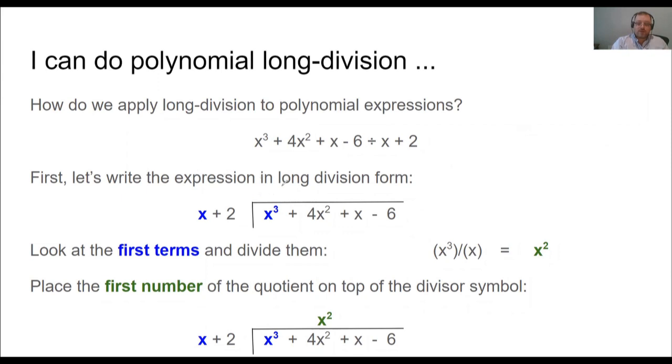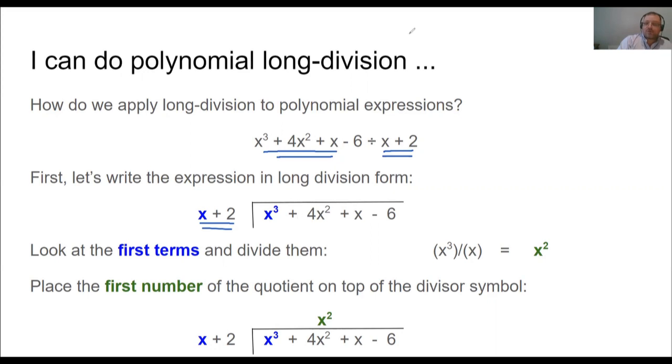So first, I want you to get used to writing it this way. I take the divisor, there's my divisor, and I put it right here. I take my dividend, and I put it here, and then I draw my radical sign, okay? And then we start doing basic division.